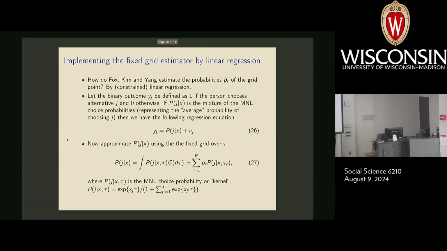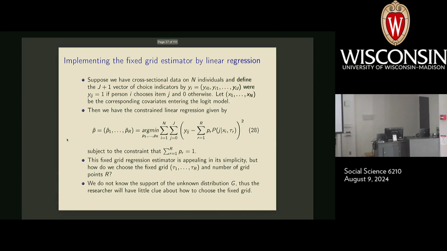And what they show is that you can estimate this like a regression. So if I think about the multinomial logit model, for each choice, you can write it as a regression with an error term, and the choice probability is the regression function. And so if I get 28, I can think about doing non-linear least squares.